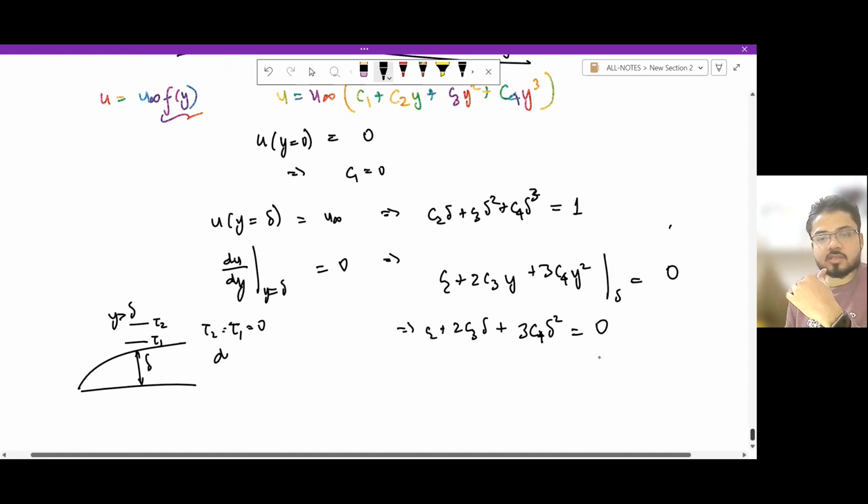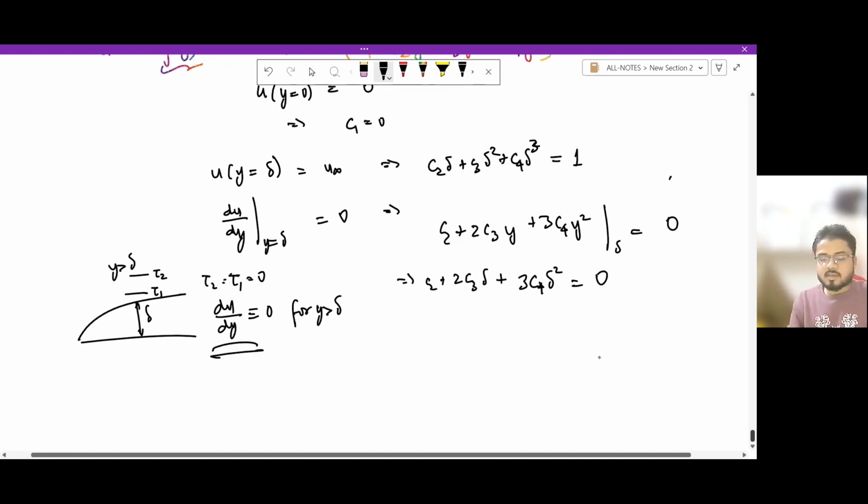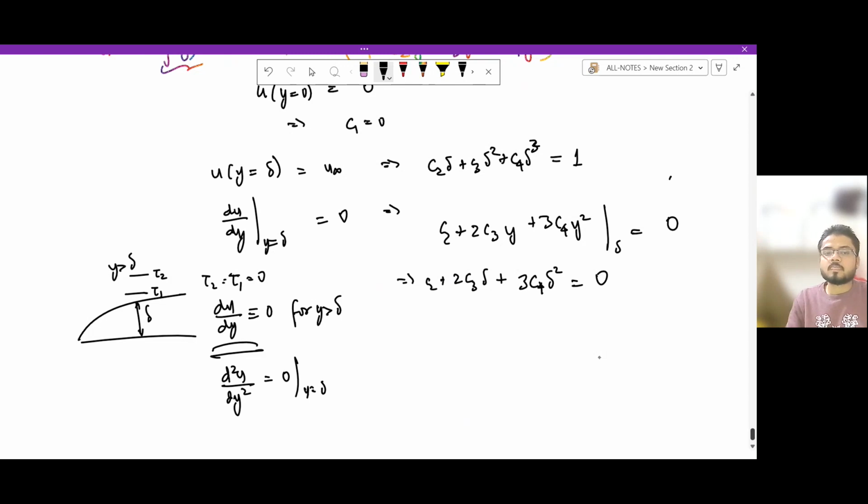This implies that du over dy is identically equal to 0 for y greater than delta. And if this is the case for all y greater than delta, then you'll also have d2u over dy squared equal to 0 at y equals delta, right?